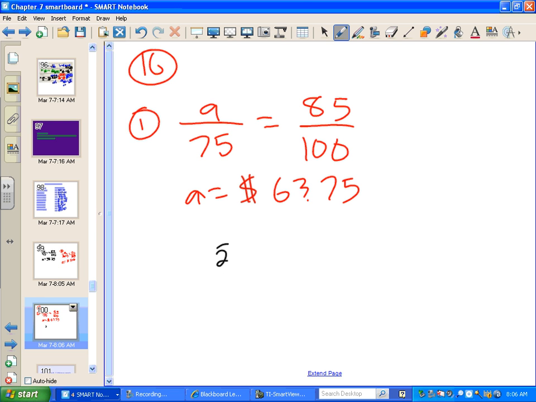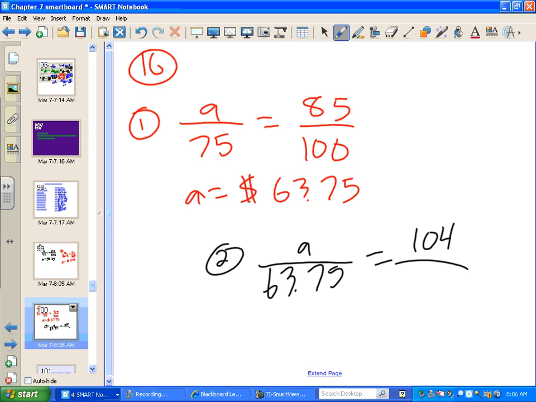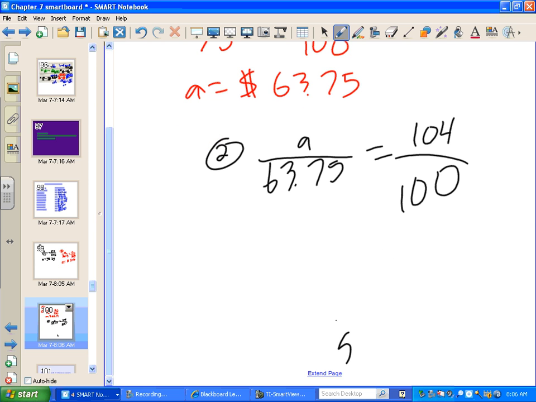And then for step 2, you need to use the sale price to find if the sales tax is 104, what is the total amount that you're paying for these shoes. So you end up with $66.30. Okay. So if it tells you to find the total amount based on the sale price, then you have to do it in 2 steps.